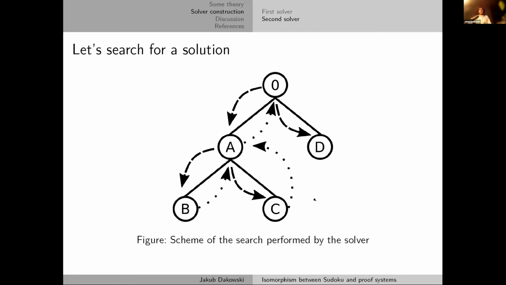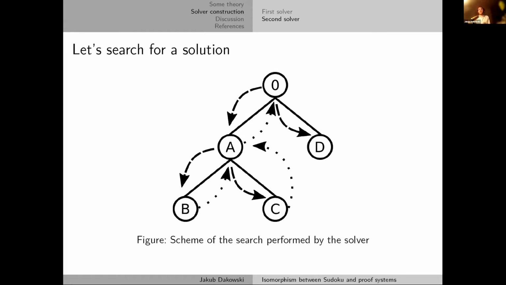And this resembles how tree search works. We start from a given point, and we create all of the possible consequences in this point. Then if the Sudoku is not filled, we can create an assumption. We again create consequences.